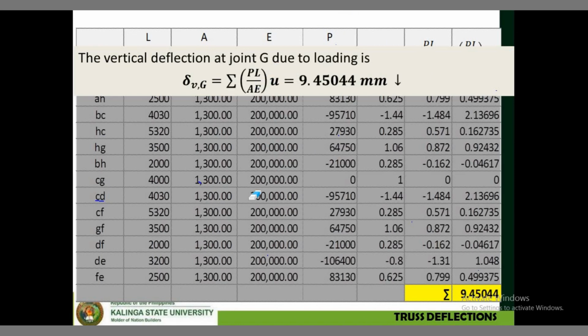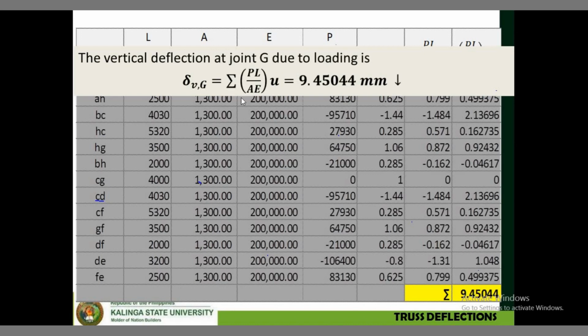First by lang dating requirement yung problem. So, this is just the vertical deflection of joint G due to loading. My answer here is 9.4504 millimeters, and the direction is downwards. Okay, so that is the vertical deflection at joint G.